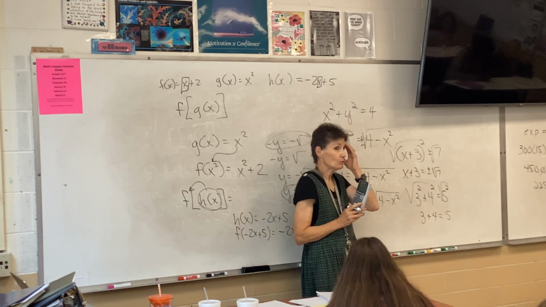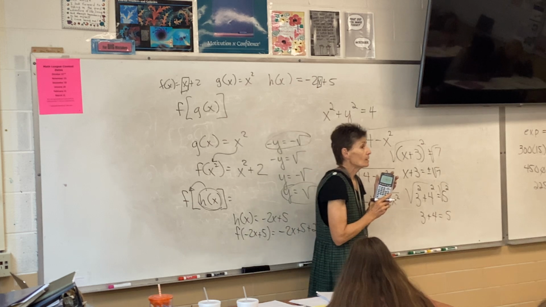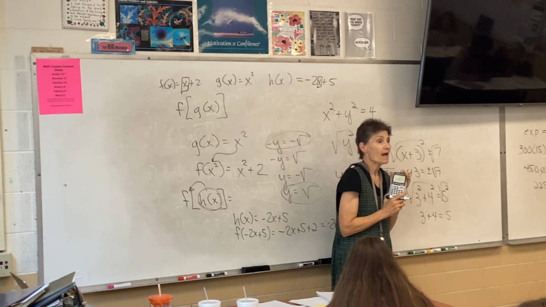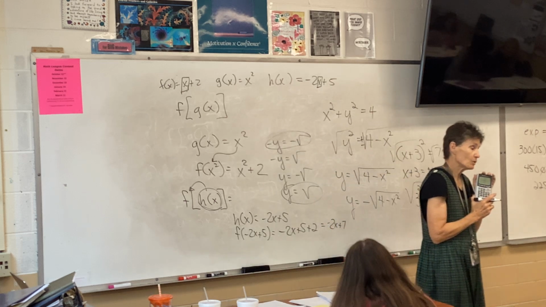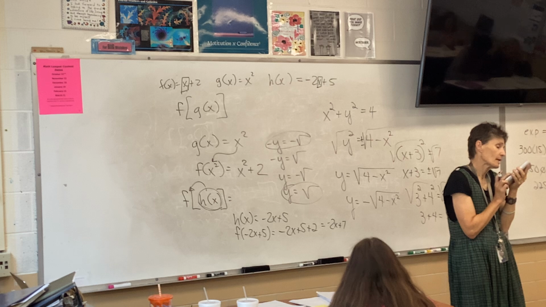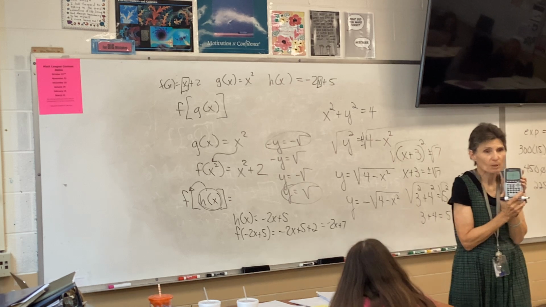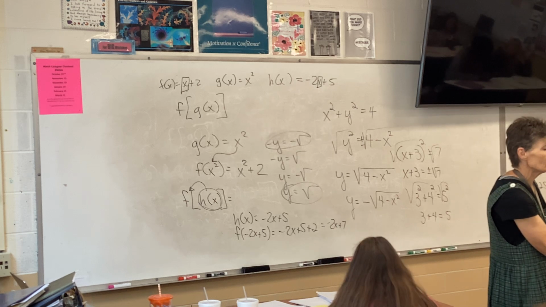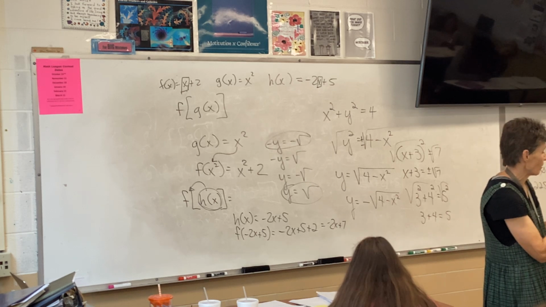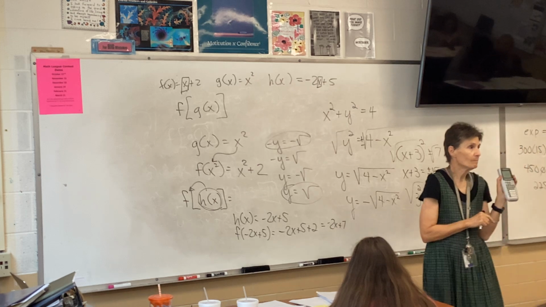Now, did it graph 2 pieces? Yes, it did. Now, this is actually a circle. And if yours looks like mine, it doesn't look like a circle. So here's a magic button I'm going to have you press. Press zoom square. Now does it look like a circle?